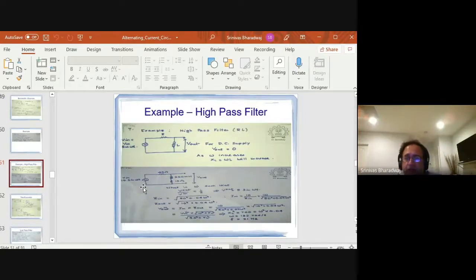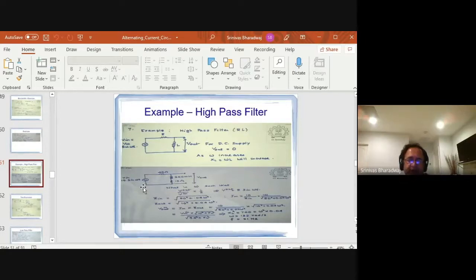Okay, and so what is the corresponding voltage? You can calculate that V out. If it was a DC supply, the inductor will be a short, right? So what does that mean? The voltage is zero if it is a DC supply, right?